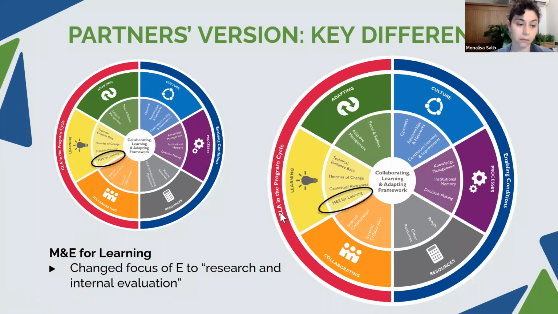The next key difference is M&E for learning, also relatively minor in the grand scheme of things. The subcomponent originally was called also M&E for learning, but in USAID world, evaluation is really reserved for USAID to do. And so we changed the language on this one to focus more on research and internal evaluation.